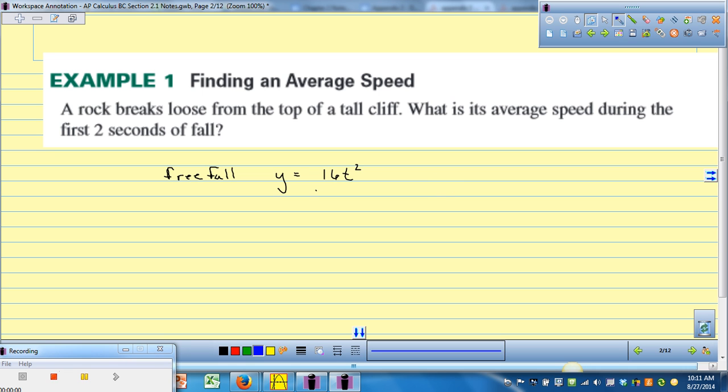All right. So we have a problem where a rock breaks loose from the top of a tall cliff. What is the average speed during its first 2 seconds of fall, given that free fall is modeled with 16t squared feet? So right now I want you to find the average speed from time 0 to time 2 on your paper.